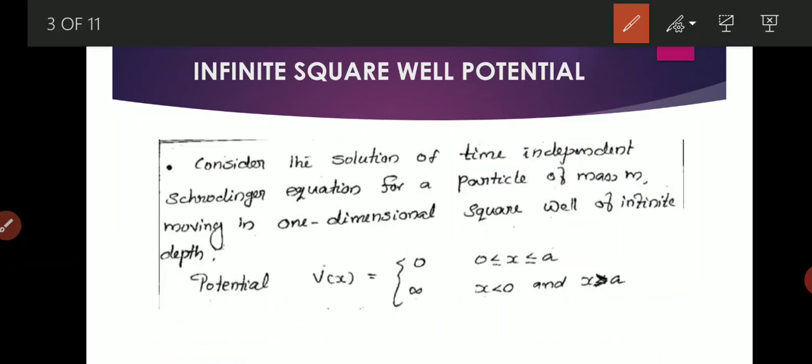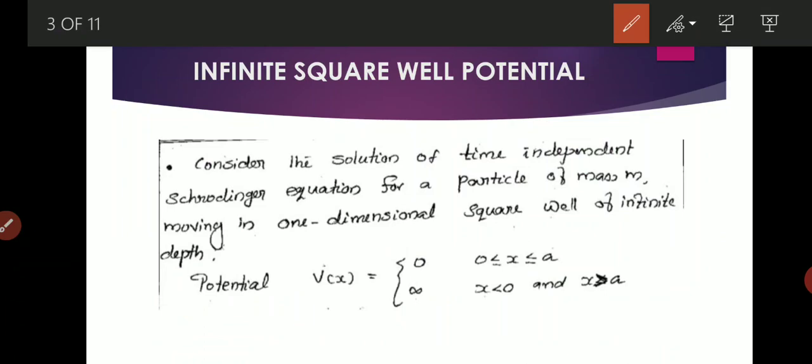Consider a particle of mass m confined in a one-dimensional potential box of infinite depth and a finite width a, moving in the x direction. In order to ensure that the particle remains in the box, we assume some boundary conditions: V is equal to 0 everywhere within the box and V is equal to infinity outside the box.